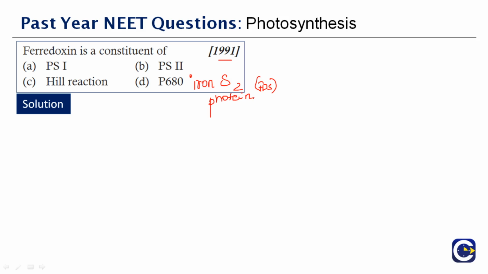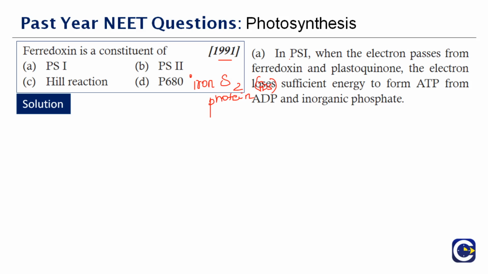They transfer electrons from photoreduced photosystem 1 to ferredoxin NADP plus reductase, in which NADPH is produced for carbon dioxide assimilation. Therefore, it is a constituent of PS1, that is photosystem 1.